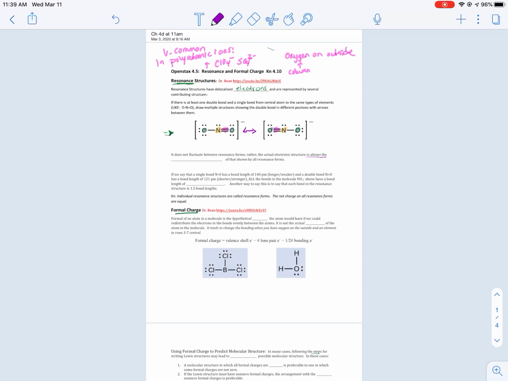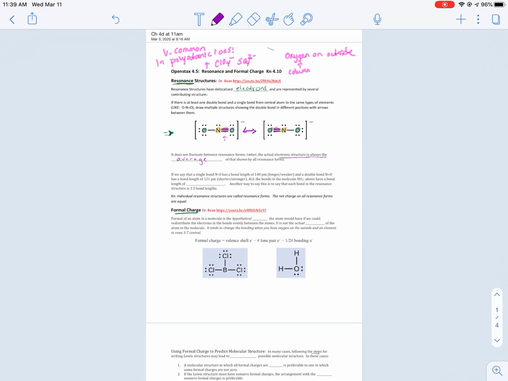It looks like they're fluctuating, but they're not. The electronic structure is always the average of all those shown by the resonance form. In this case there were 2, but you could have 3, 4, 5, depending on how many bonding positions you could show the double bond between.